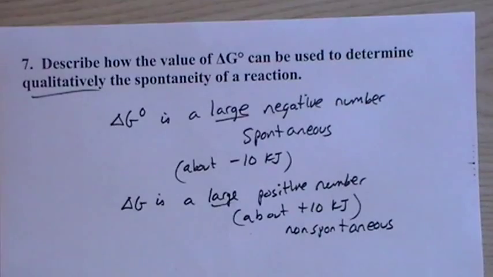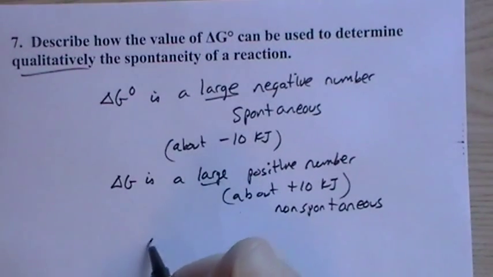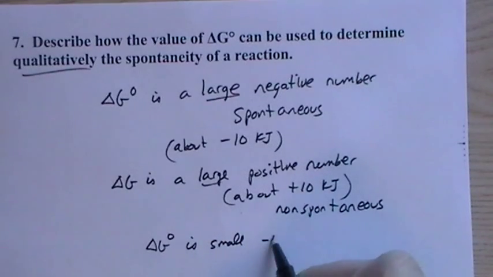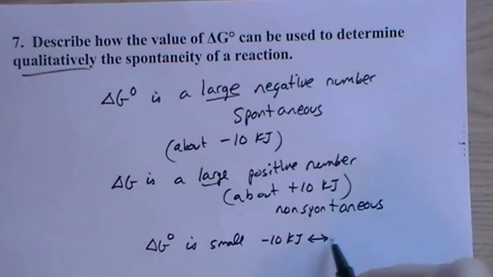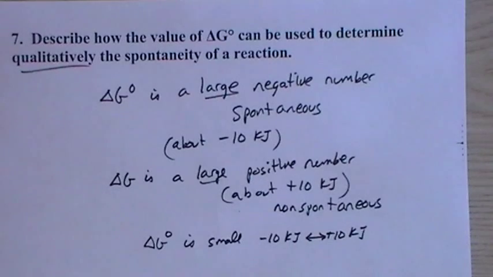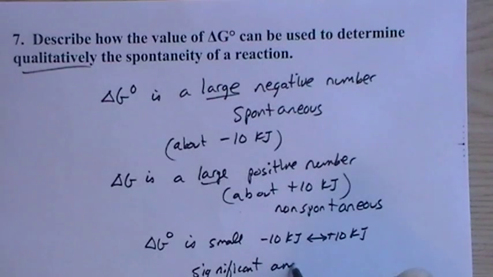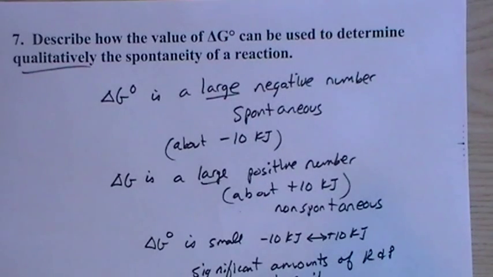And then when delta G is small, somewhere in that range between minus 10 to plus 10 kilojoules, we should expect to see significant amounts of both reactant and product at equilibrium.